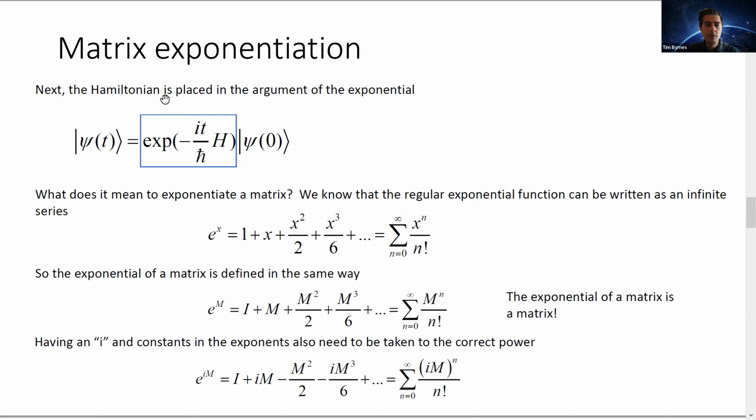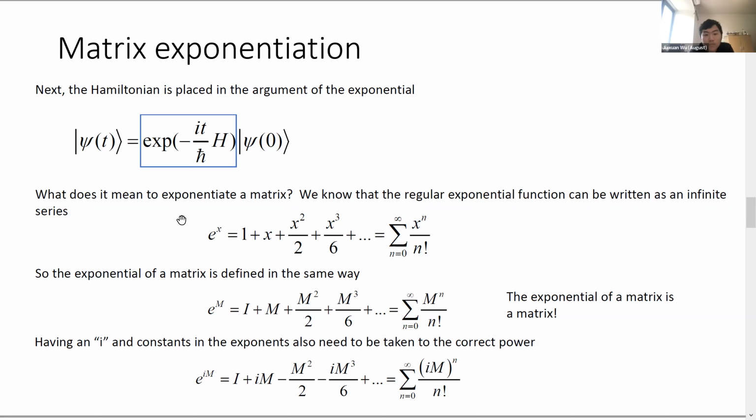Matrix exponentiation is defined in the same way as, well, I'm not quite sure what the definition of e to the x is, but this is certainly one way to write the exponential function. We can always write an exponential function as a Taylor series. You've seen this before, I hope?